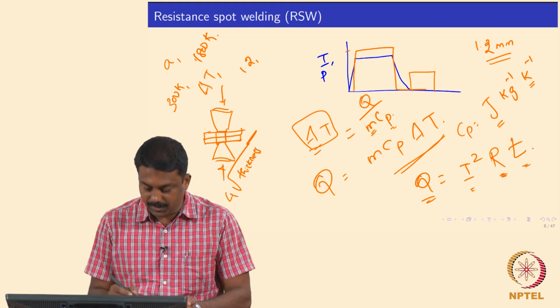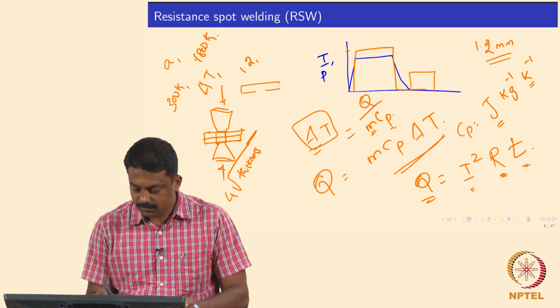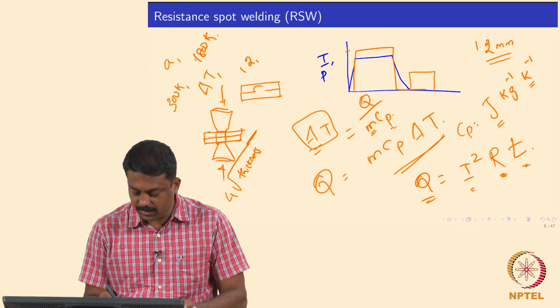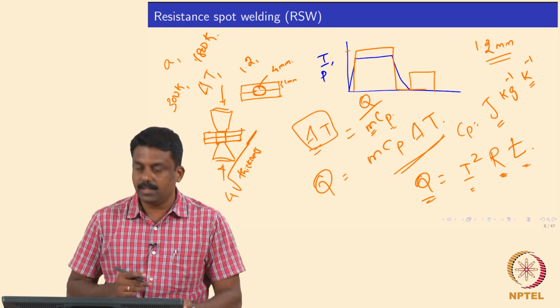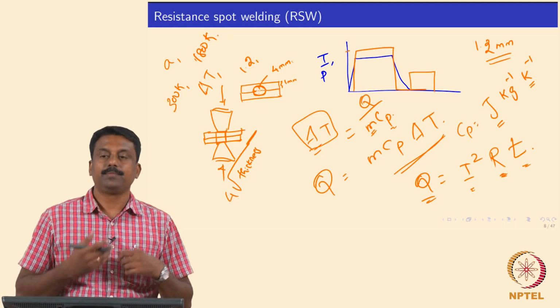If you take a cross section, it will be like this, isn't it? Ideally you will get an average diameter. So, if this is 1 mm, you need to achieve a 4 mm weld nugget diameter at the center axis of the weld. This is the weld cross section.